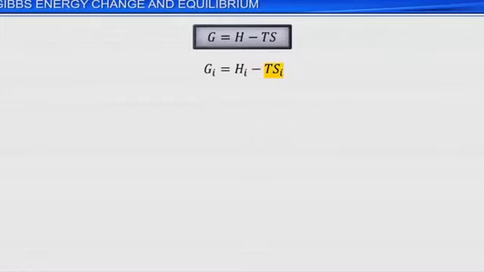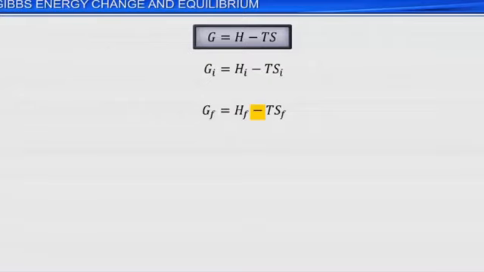Similarly, the Gibbs energy of a system in the final state, Gf, is equal to the enthalpy of the final state, Hf, minus the product of absolute temperature and entropy of the final state, T Sf.